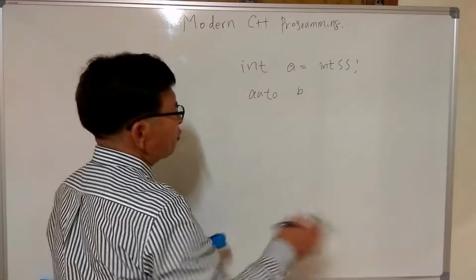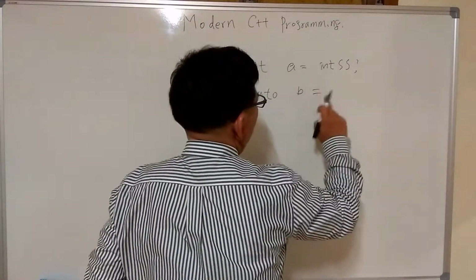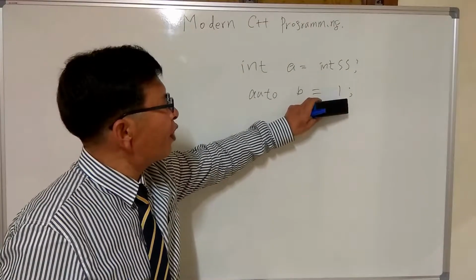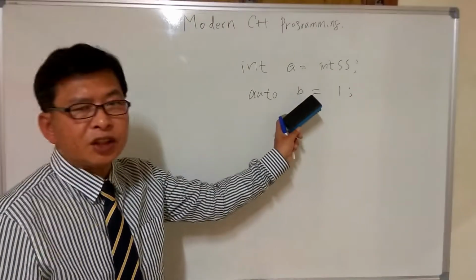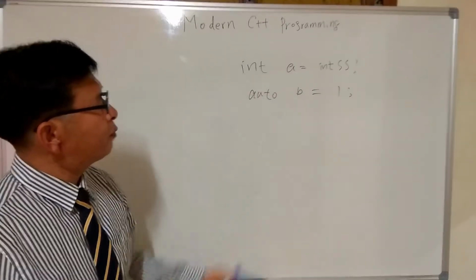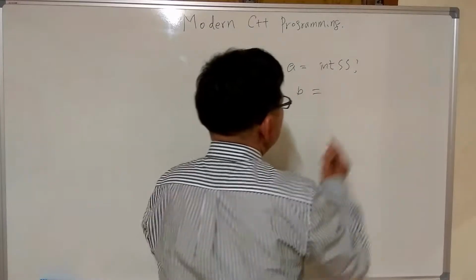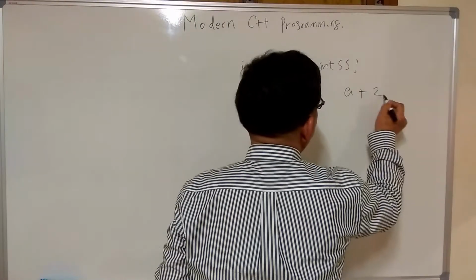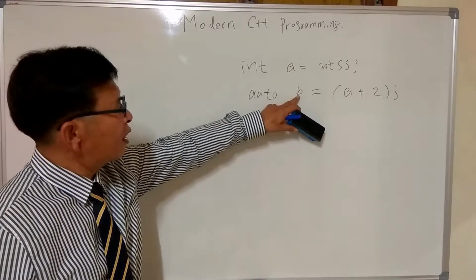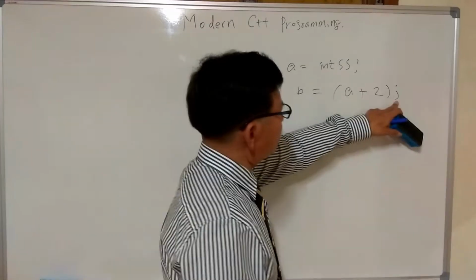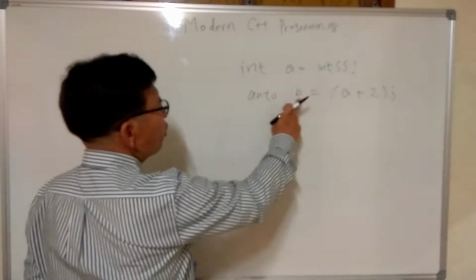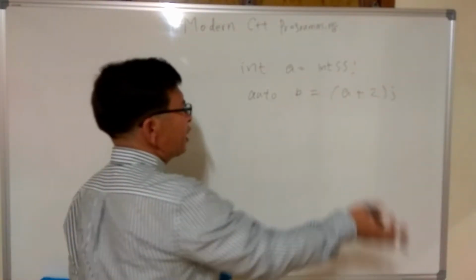To make it deducible, we have to initialize it like this, for example. In this case, the number one is by default an integer of type int. The type of b will be int. Or we can specify a plus 2, we can put expressions like this. Then the type of b is deduced from this right hand side expression. So when we are using the keyword auto, we always have to initialize.